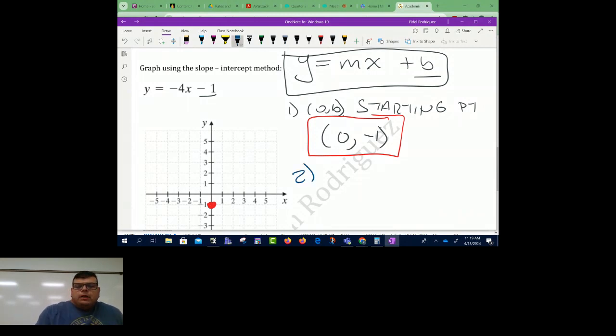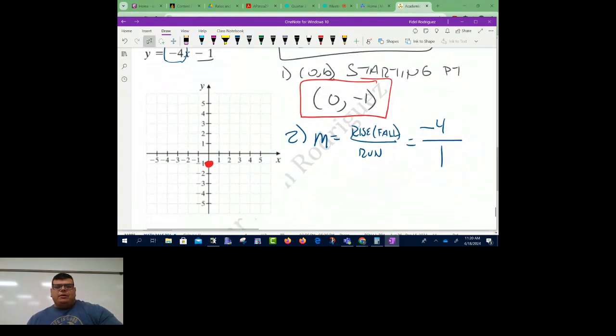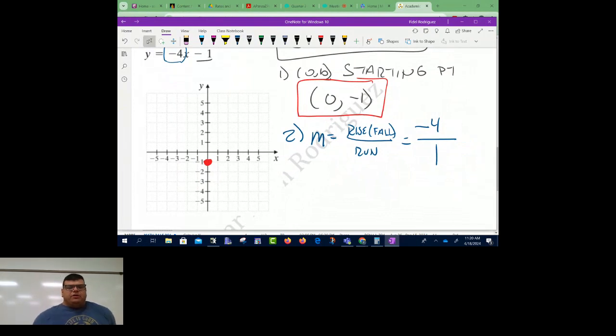Number 2, let's find our slope. Remember, y'all, slope is either the rise or the fall over the run. So m, the number in front of my x, is the slope. The number in front of my x is -4. I'm going to think about that as -4 over 1, because I can think about any whole number, or any integer, as being over 1.